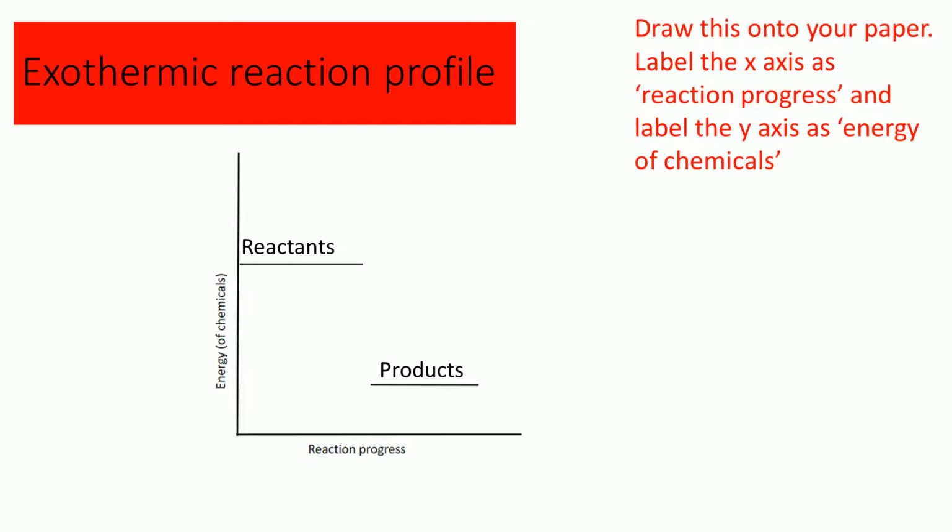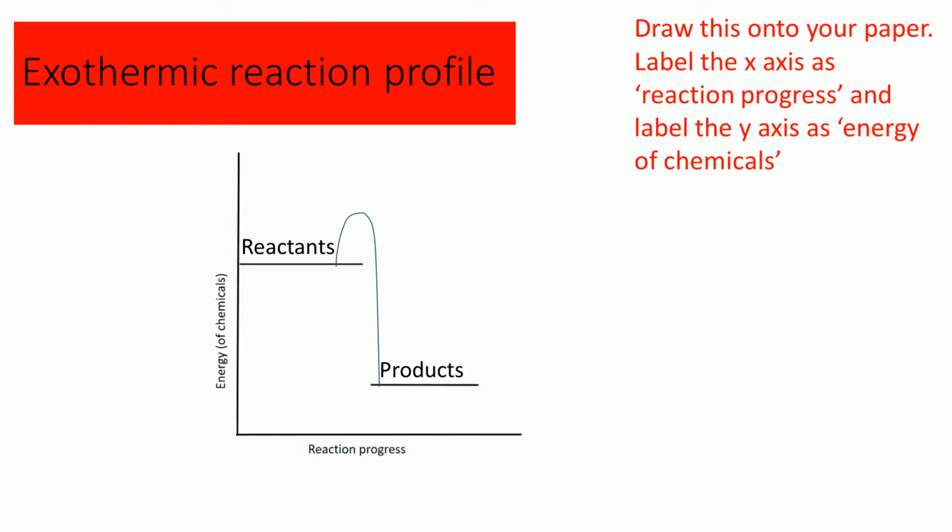Okay. Now we can't simply draw a straight line between our reactant and our product energy, because every chemical reaction requires a little bit of an energy input to get it going. Okay, and the way we draw that is we draw this barrier. It goes up and over to the products. So that's showing that we need a little bit of energy to go in to get the reaction to start.